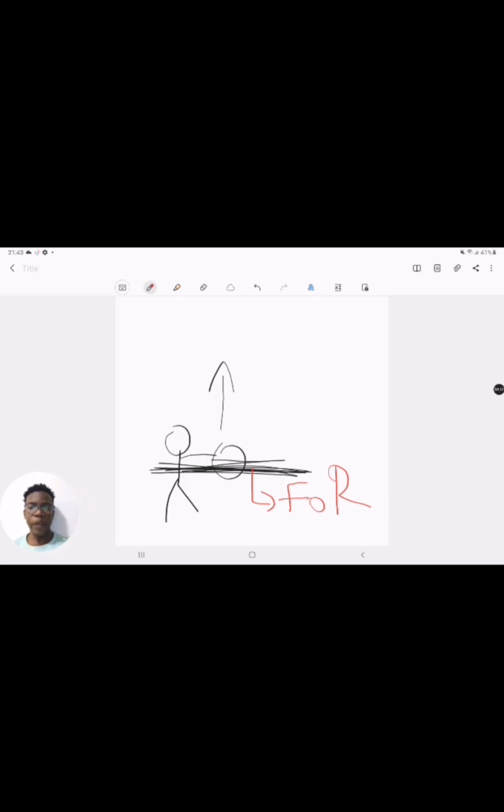Okay, so now if the ball is here and this distance here is 2 meters, then the ball is plus 2 meters from the point at which it was thrown. Why do I have a plus? Because displacement is a vector, so it needs a sign, and I prefer to use up as positive.